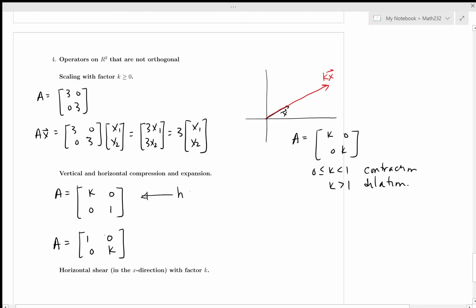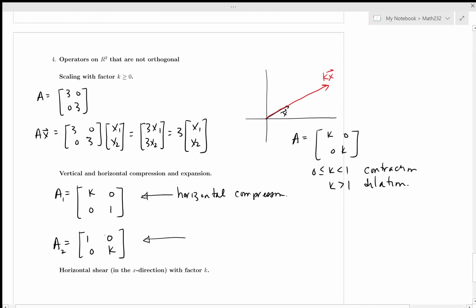So my recommendation to you is to pick a number for k. I don't know, k equals 2 will do it, and then just multiply. Let's maybe label these A1 and A2. Multiply x times A1, multiply x times A2, draw x, draw A1x, draw A2x, and see what's happening geometrically.